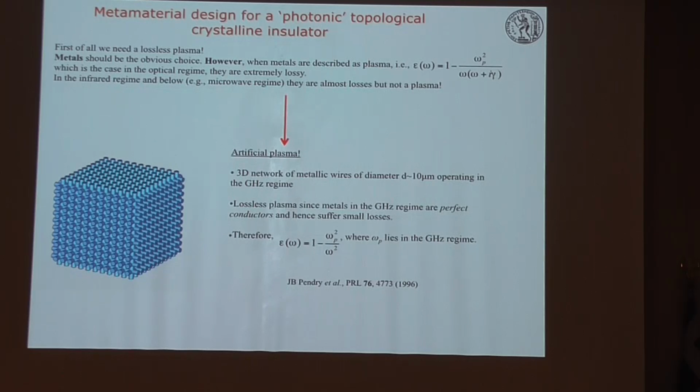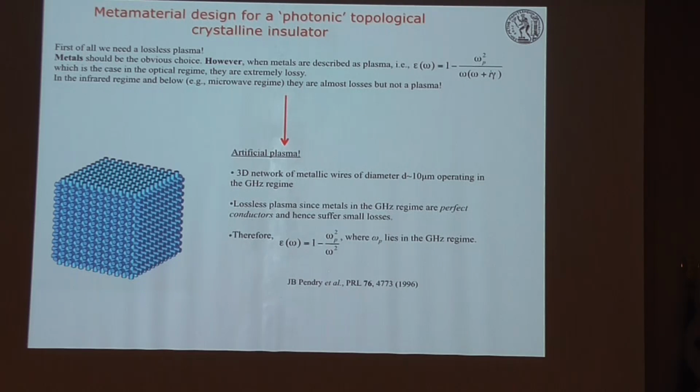artificial plasma. So how one can have artificial plasma, an idea was given 20 years ago by Sir John Pendry. So one actually has a 3D network of metallic wires with a micrometer size diameter.